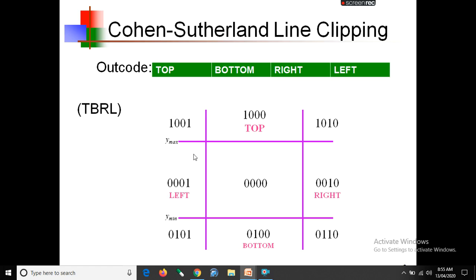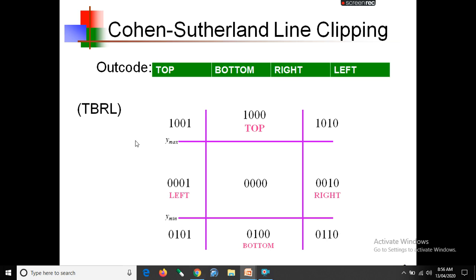Similarly, if you perform a bitwise OR operation between the top outcode and the right outcode, you will get 1010. If you perform bitwise OR between the bottom outcode and the right outcode, you will get 0110.